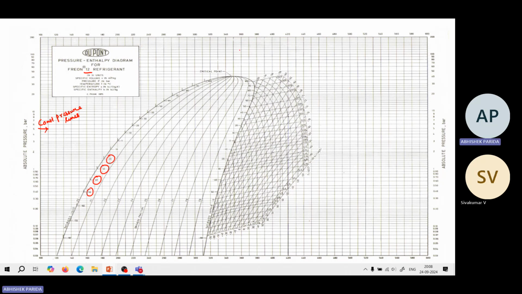These are the constant enthalpy lines, the verticals, and the slanting lines are the constant entropy lines, the isentropic lines. So it is very easy to refer to this chart.